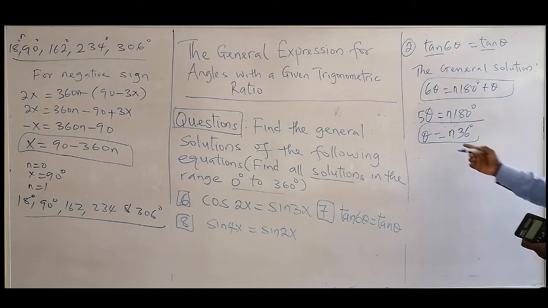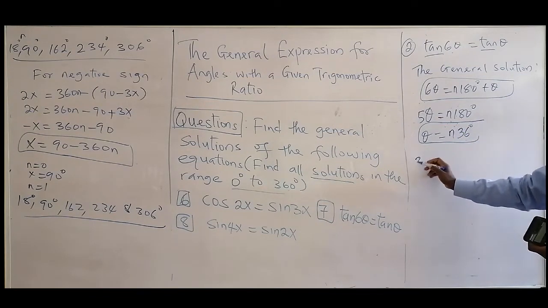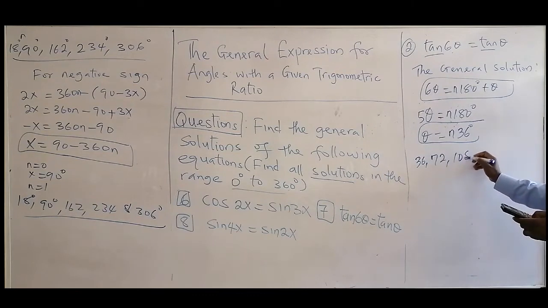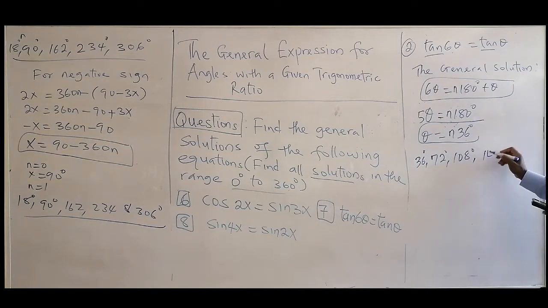When n is 1, we have 36. When n is 2, we have 72. That's 36 times 2. N is 3, we have 108. N is 4, we have 144. N is 5, we have 180.